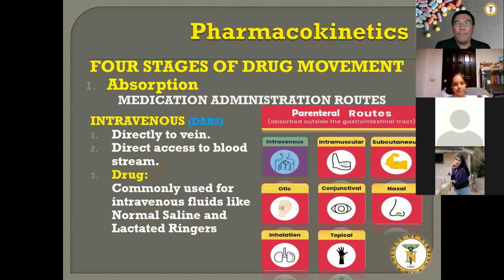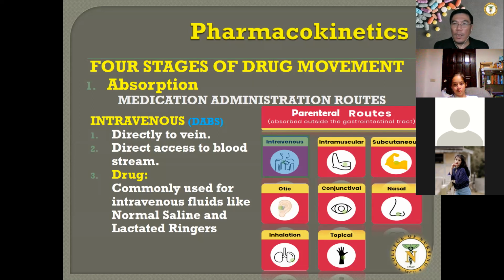So all you have to remember in the intravenous is DABs. What do you mean by DABs? DABs meaning direct access to bloodstream. So intravenous is direct access to bloodstream. And commonly used drugs for intravenous, like if you are aware of intravenous fluids, normal saline, lactated Ringer's, these are examples of common drugs given intravenous.